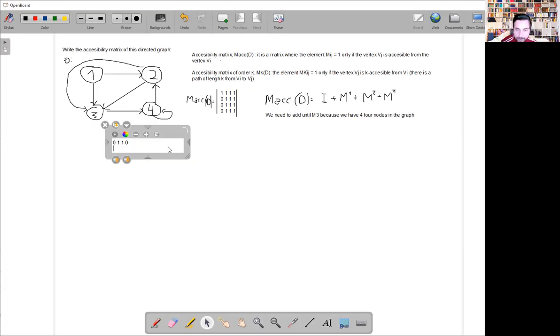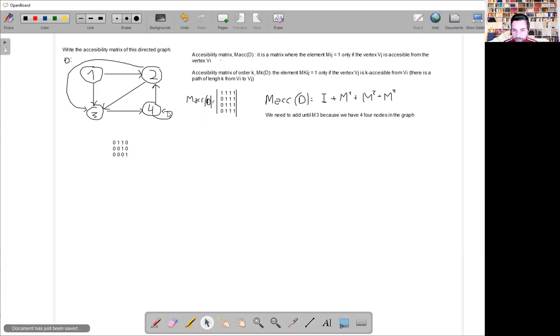If we check the second node, we only have a path to 3, right, of length 1. So I don't have to 1, I don't have to 2, I have to 3, I don't have to 4. If we check the node 3, we only have a path of length 1 to node 4, right? So I don't have to 1, I don't have to 2, I don't have to 3, I do have to 4.